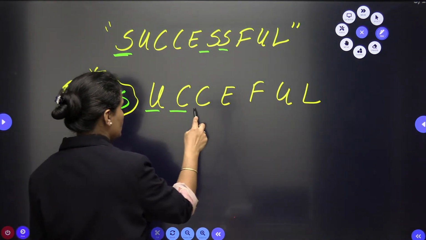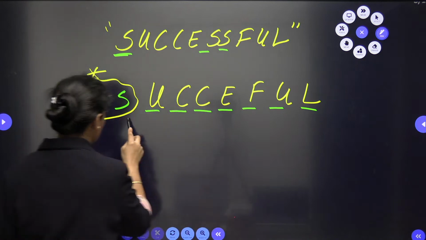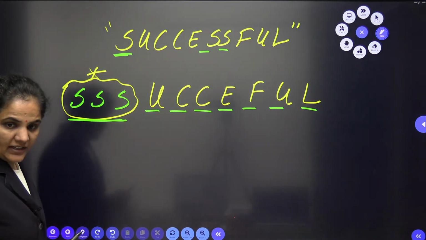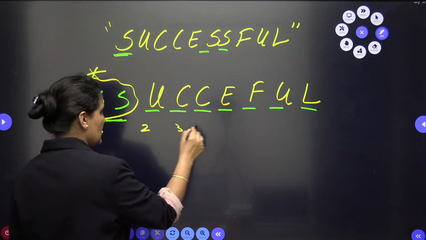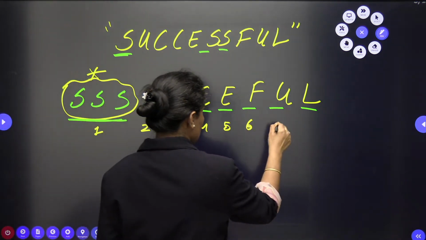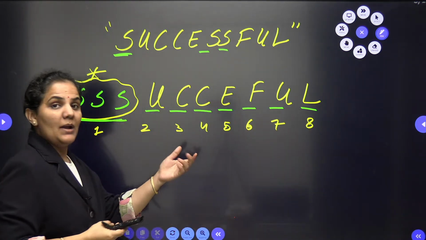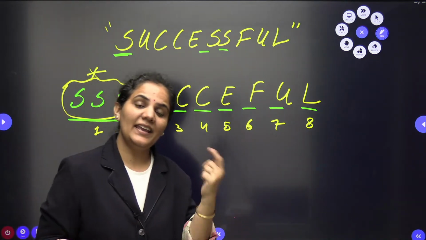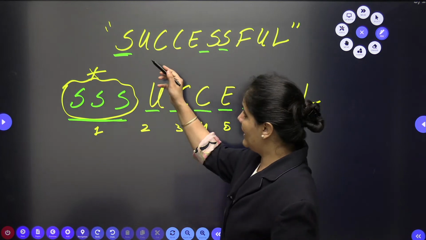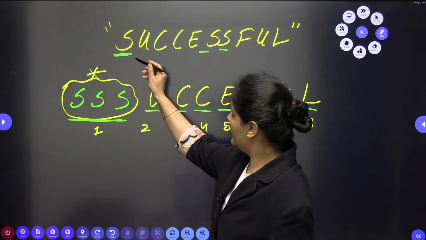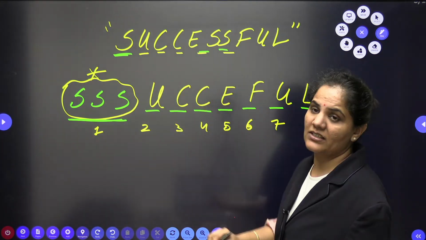Now 1 2 3 4 5 6 7, and one place is here for this bundle. So when we start counting now, this is 1 2 3 4 5 6 7 and 8. Now I am having 8 letters and 8 places. Try to understand, children. Earlier we were having 11 letters in this one.